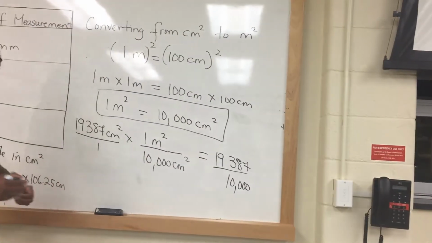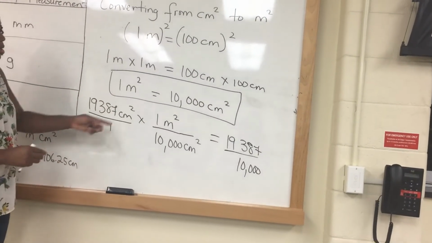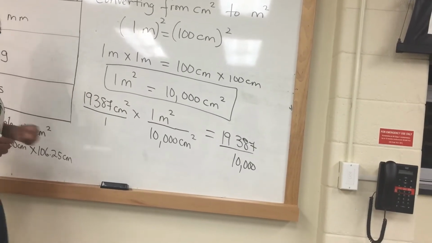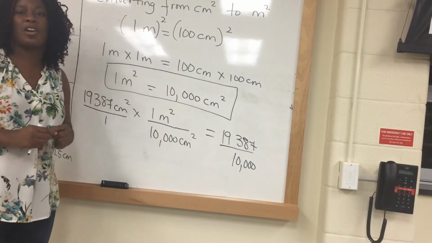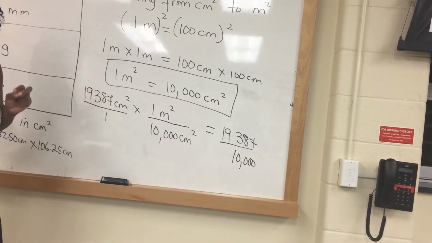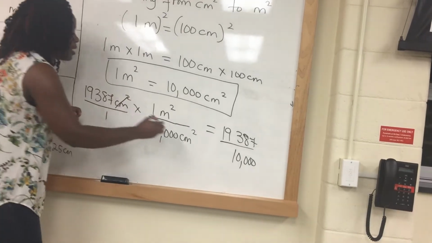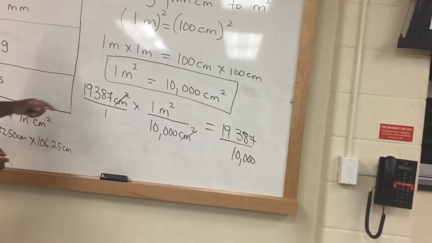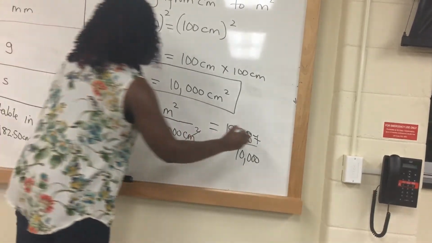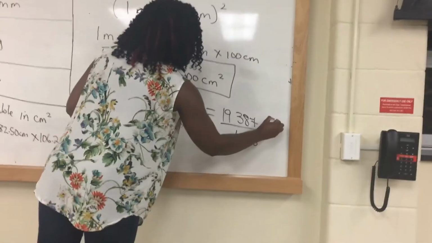Now let's look at the units for a second. Notice that we have centimeter squared in the numerator and centimeter squared in the denominator. So centimeter squared divided by centimeter squared cancels out. That gives us 1. And so we're left with the unit of square meter. So our answer is now in square meter.